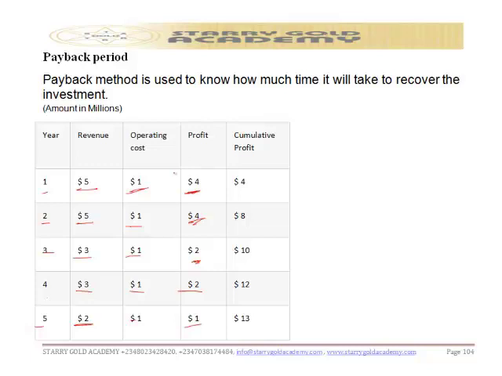You can see in the first year we make $4 million profit. In the second year we make another 4. It accumulated to 8, and in the next year we make 2. It accumulated to 10. It means that our payback period is equal to 3 years. So by the end of the third year, we'll have made back what we used to start the business. This is how payback period actually operates. That is the traditional payback period. Now, we have discounted payback period.